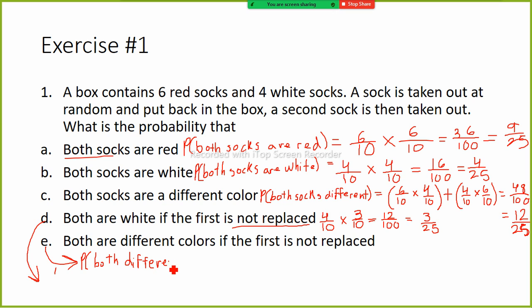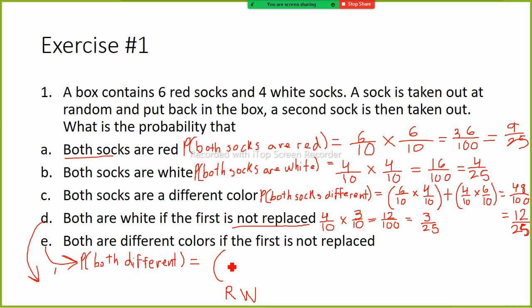Remember, there's no replacement though. The first way it could happen is if we have first a red sock, then a white sock.